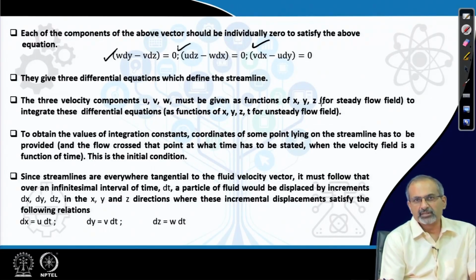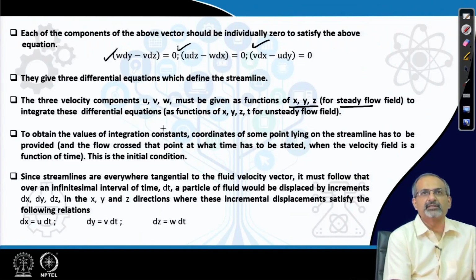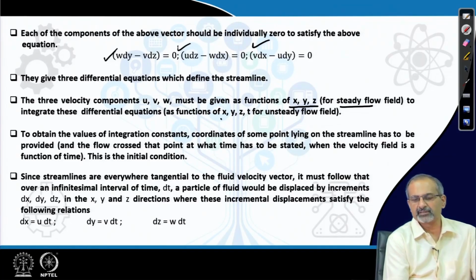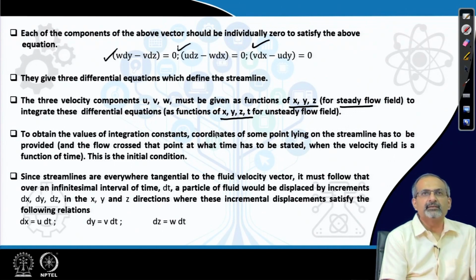Now, the 3 velocity components u, v, w must be given as functions of x, y, z for a steady flow field to integrate these differential equations, or if it is an unsteady field, then as functions of x, y, z and t. So, only then can you integrate the relation to obtain the streamline equation.